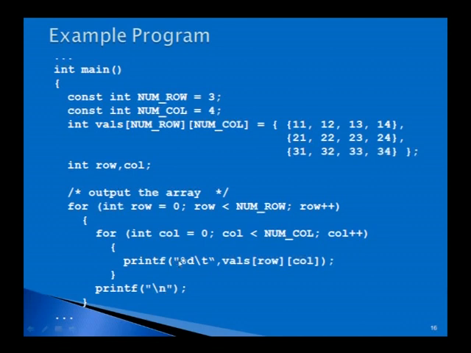So, here we are printing the values of all the first row elements, and after this has been exhausted, that is this termination condition has been met, we again get back to the outer loop and increment the value of row. So, row becomes 1 over here, and we check the condition, it is still true. So, we again carry on with the second row elements, from column 0 to 3.